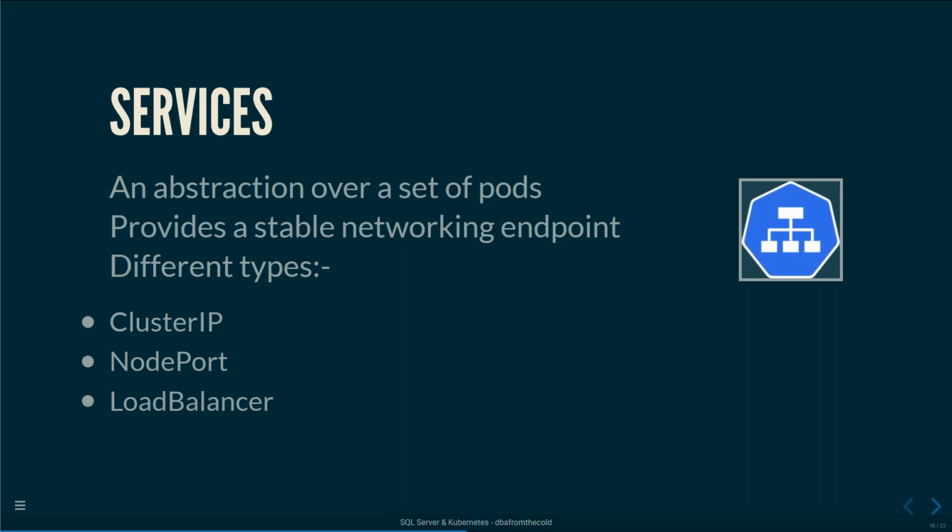Then there's load balancer, mentioned just a minute ago. This will, in say Azure, go off, hit Azure and say, hey, I need a load balancer for this service. Load balancer will give us an IP address that we can use to connect to our service from outside the cluster. And then finally, we have external name, where we can map our service to a DNS entry.